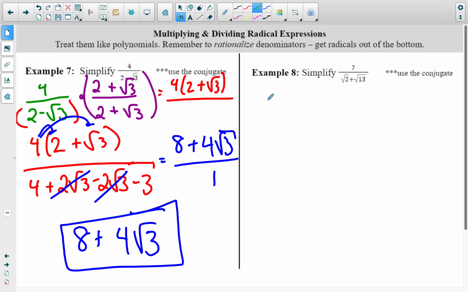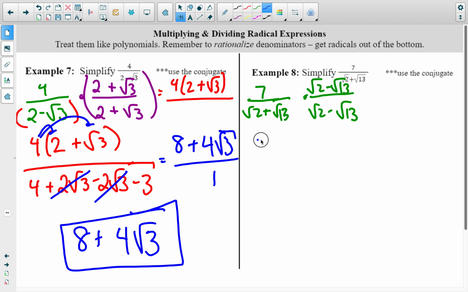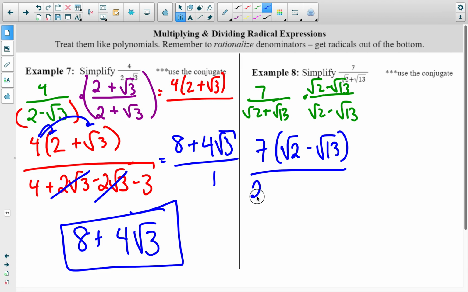Example 8, we're going to multiply by the conjugate again, all right? The conjugate is root 2 minus root 13. Careful with your multiplication. Okay, 7, so in parentheses. And then root 2 times root 2 gives us 2, minus root 26.